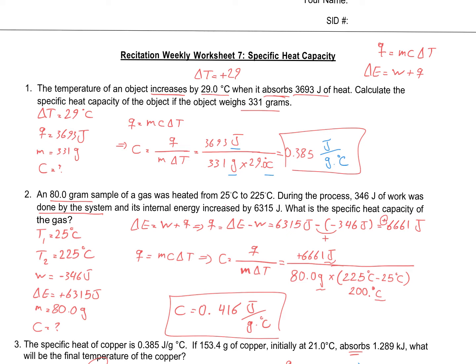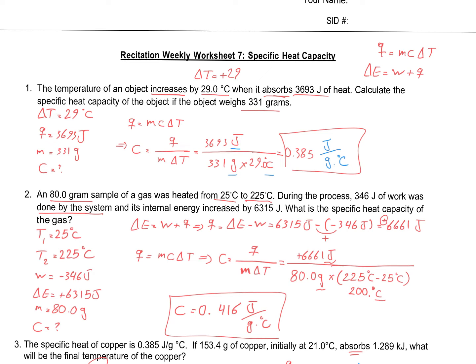So T1, the initial temperature, is 25 and the final temperature is 225. You can label it as T1 and T2, or Ti as T initial and Tf as T final. It doesn't matter, both of them should be fine. You just have to know what is initial and what is final, because that is important for getting the delta, because delta is always T2 minus T1 or Tf minus Ti.